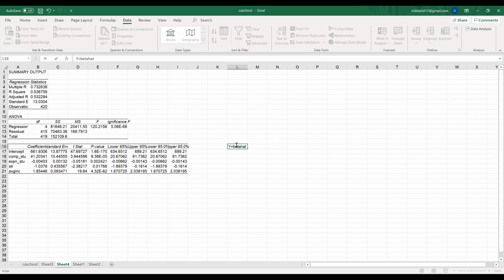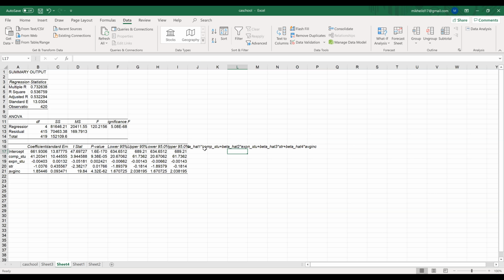Beta hat 0 plus beta hat 1 times COMP_STU plus beta hat 2 times EXPN_STU plus beta hat 3 times STR plus beta hat 4 times average income.